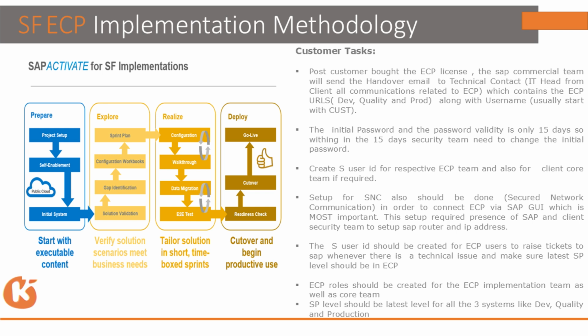Once you bought the license, obviously there is a concept called welcome email. You have paid all license fees to SAP for ECP, and the ECP license will include EC also. Without EC, Employee Central, there is no ECP. Whenever you are planning to buy ECP, the cost of EC will be included in the ECP itself, so you will get the bundle.